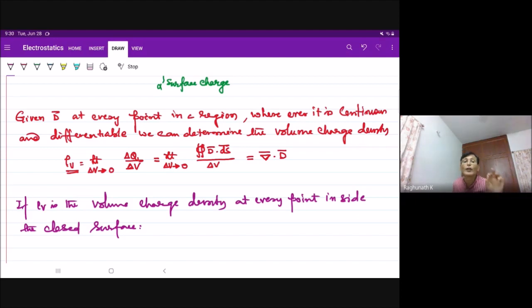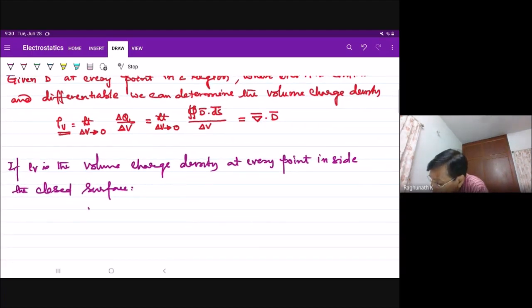If rho v is the volume charge density at every point, it is a continuous distribution inside the closed surface. The integral over the closed surface of D bar dot ds bar equals the volume integral of rho v dv, right?